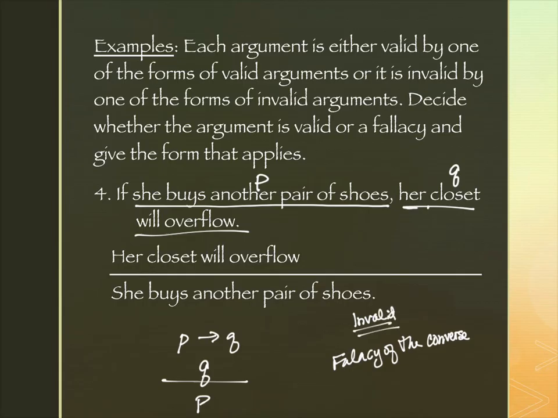It's a fallacy. It is an invalid argument. So maybe her closet overflowed, but it had nothing to do with buying another pair of shoes, right? Maybe she changed closets. Maybe she got married and now she's forfeited half her closet to somebody else. I don't know, but something else might have happened. It might not have been that she actually bought another pair of shoes.